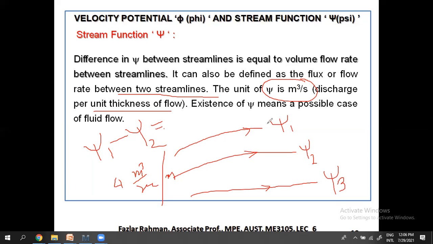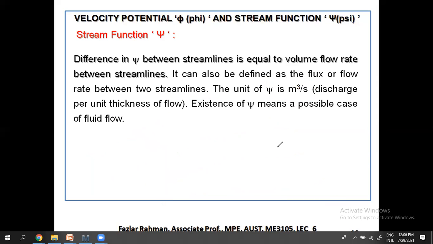Okay. So the existence of psi means a possible case of flow. If the psi value is 0, what does it mean? Q is 0. Q 0 means there is no flow. So if there is some value of the stream function psi, it indicates that there is a flow.